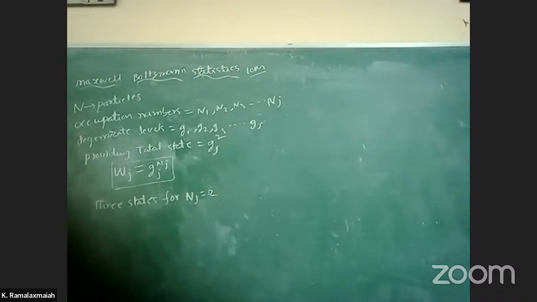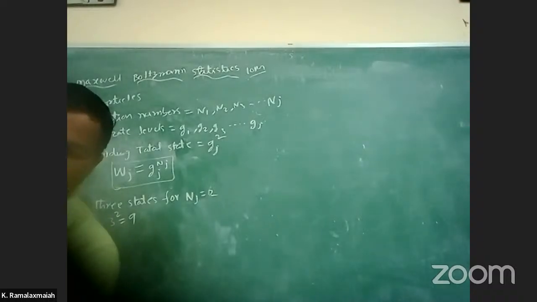The possible arrangement of the particles is 3 square, that is 9. So according to the formula, we consider three statistics: Maxwell-Boltzmann, Bose-Einstein, and Fermi-Dirac.